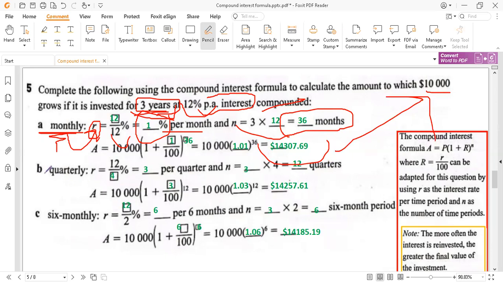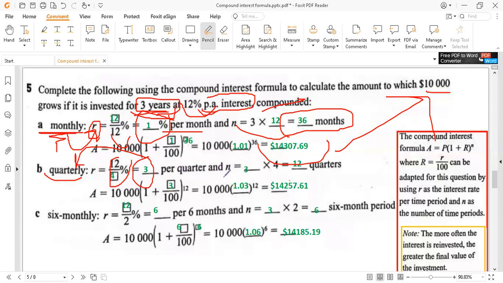If the interest is compounded quarterly, each quarter of a year, we have 4 quarters in a year. So for 12% per annum, we divide 12 by 4 to obtain 3% per quarter.